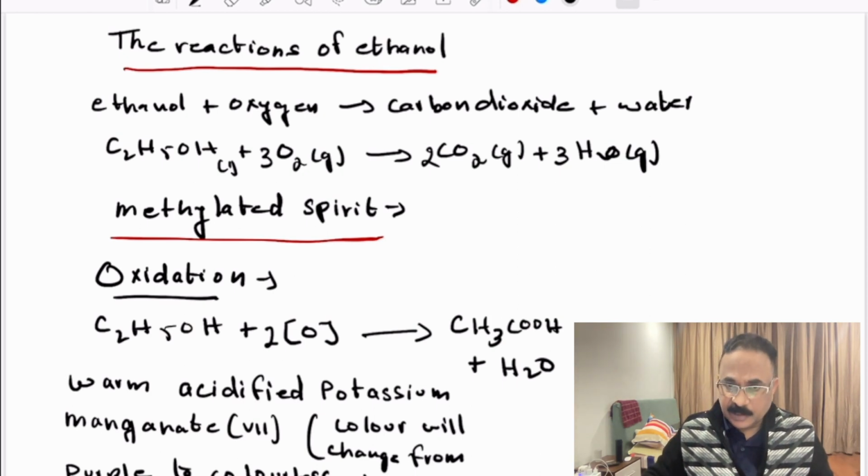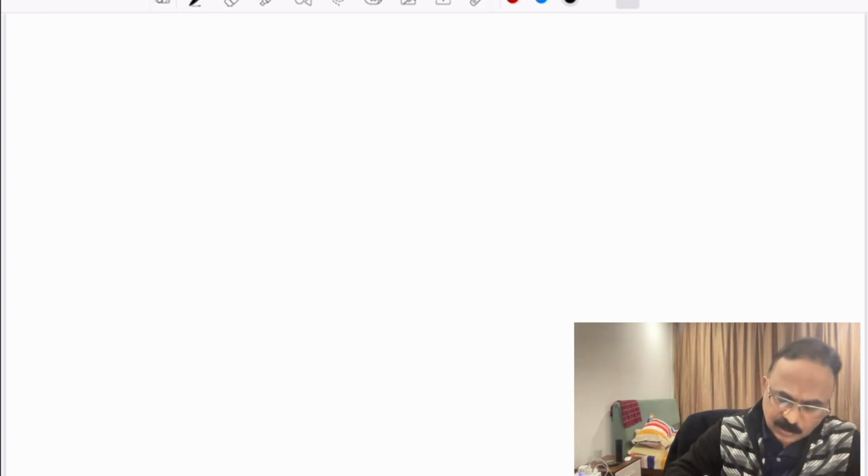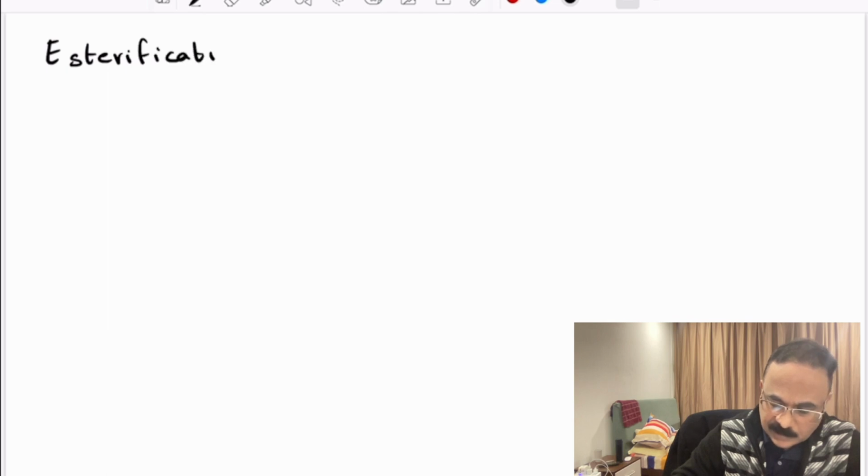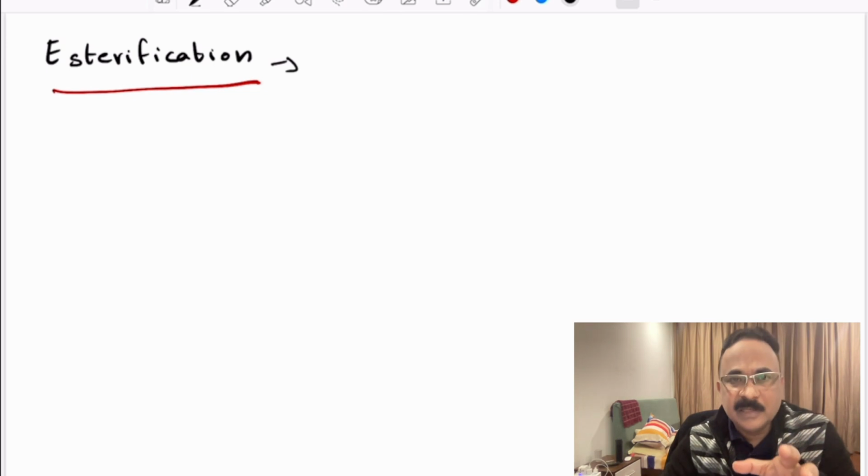Now let's move on to the next reaction. The next reaction that we talk about is esterification, that is formation of an ester. So let's underline that, esterification. So what is esterification?